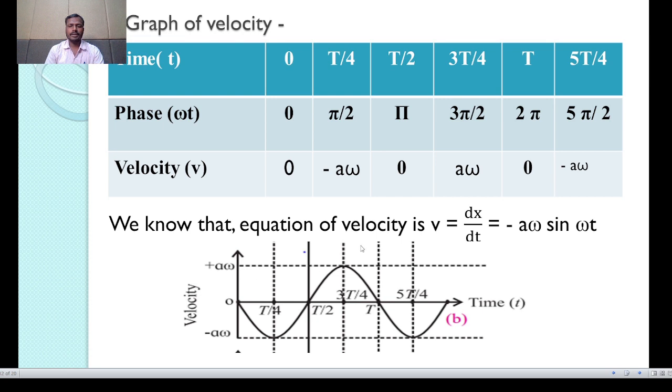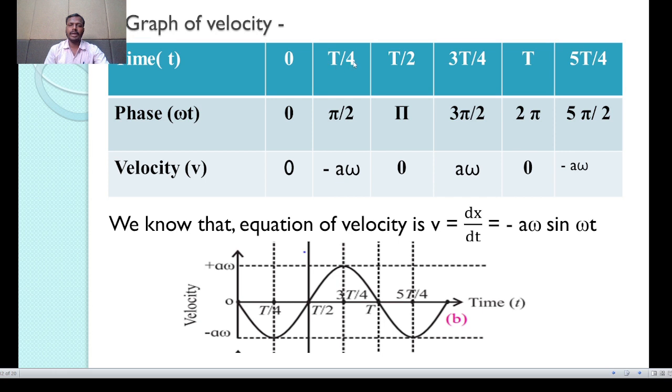We know that when the particle starts from the extreme position, velocity v is equal to minus a omega sin omega t. Putting the value of the phase, when the time is 0, the phase omega t is 0, sin 0 is 0. That is, velocity becomes 0. So the point is here. Now the next, when the time is T divided by 4, the phase is pi divided by 2, sin pi by 2 is 1 multiplied by minus a omega, that is minus a omega.